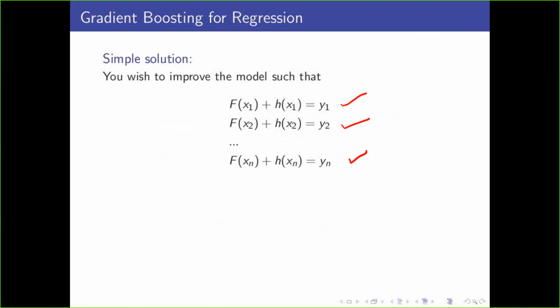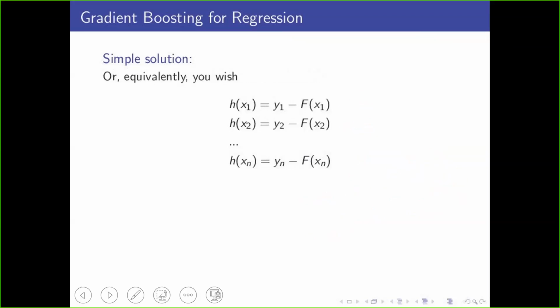It means I have to fit h of x to y minus f of x. I want to learn this h of x1 such that h of x1 is equivalent to y1 minus f of x1.